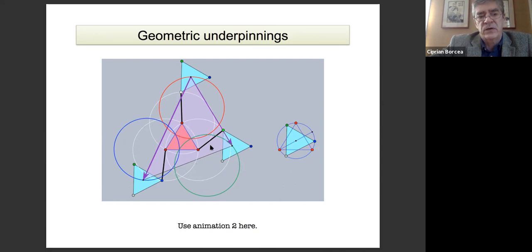So these are 3 parameters, but the 4th parameter is the relative rotation of the blue triangle with respect to the central fixed red triangle. So these are the 4 parameters: the arm angles and the relative rotation angles.